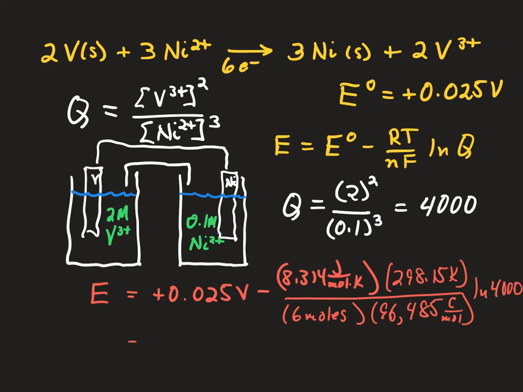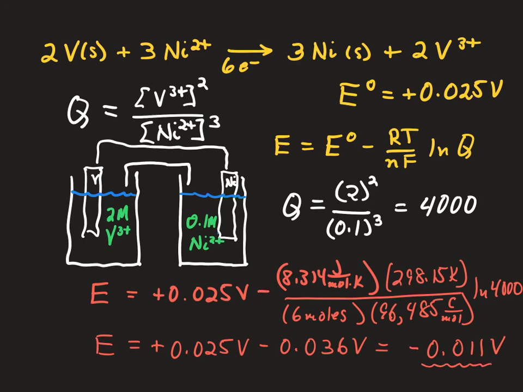So if we work that out, we get plus 0.025 volts minus 0.036 volts, which is going to equal negative 0.011 volts.